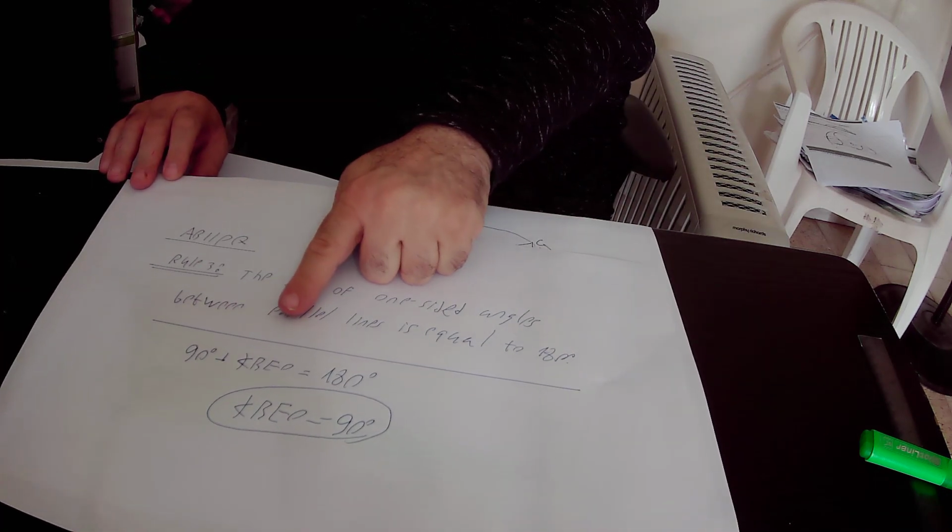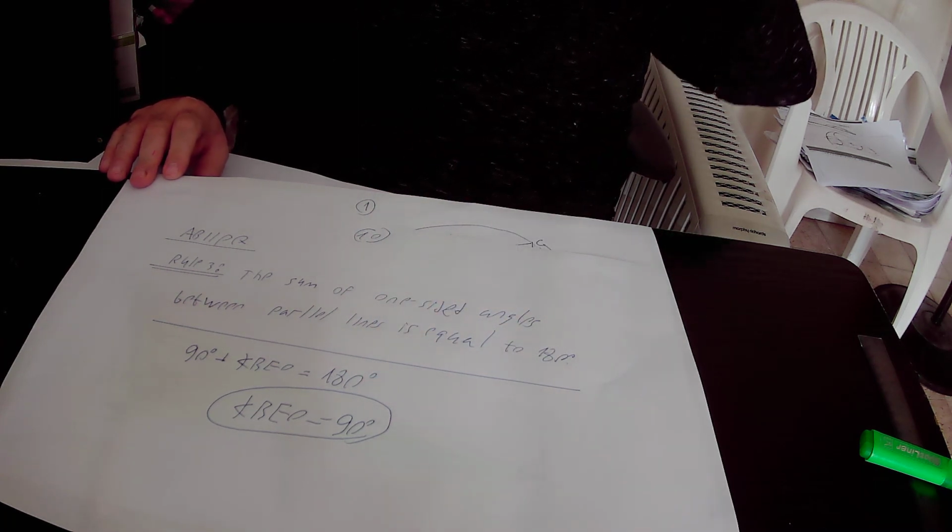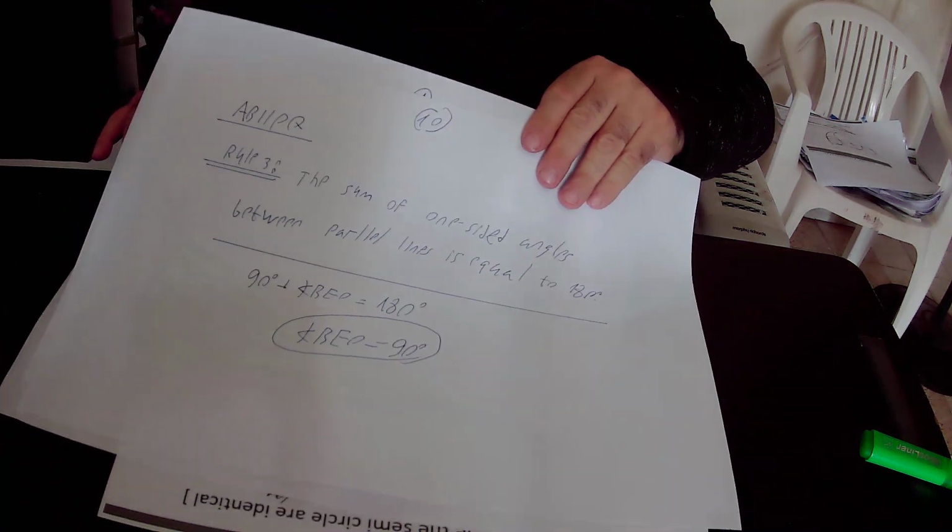So here we subtracted 90 degrees from this equality, and we got that angle BED equals 90 degrees, that is to say it is a right angle.